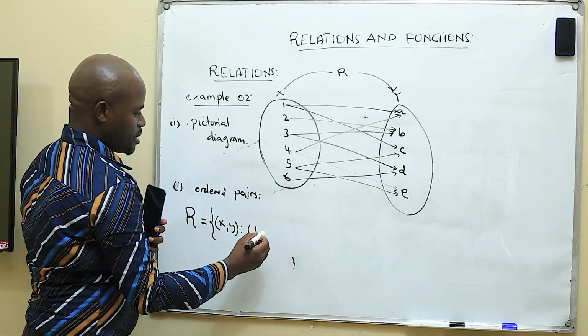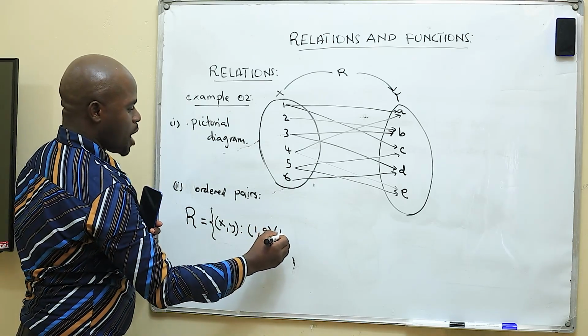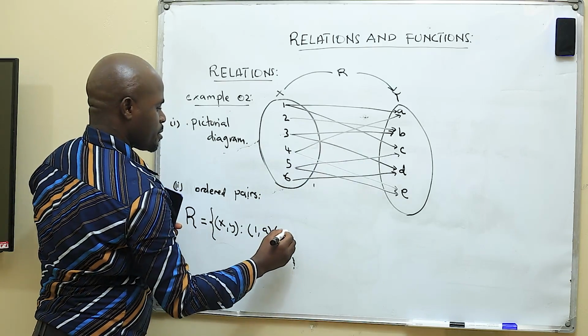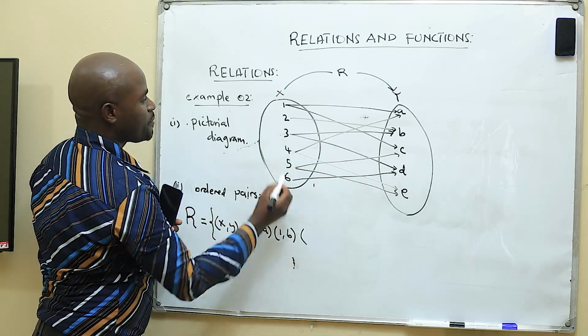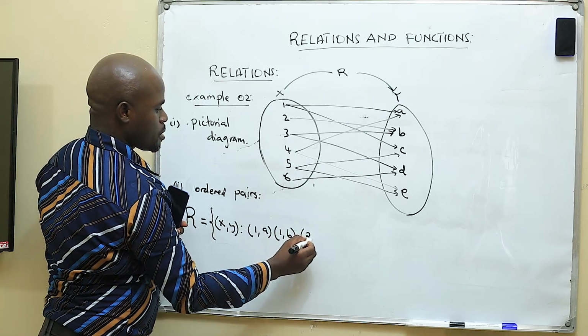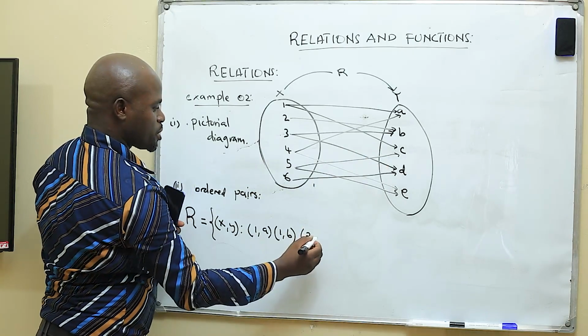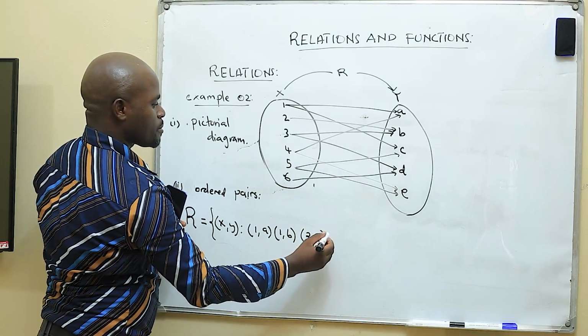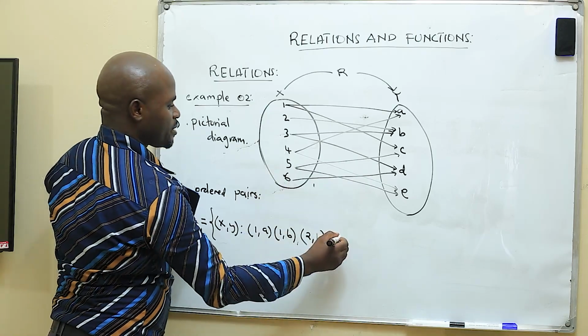goes with A, but also number 1 goes with B. Yes, that is over. Then we have number 2. Number 2 goes with only one element here, which is B. So number 2 goes with B. Number 3.